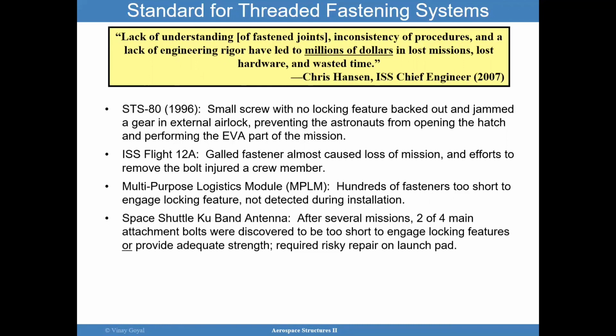ISS Flight 12A also had almost a loss of mission due to a bolt issue. We've also had issues with the space shuttle antenna, with bolt issues that had locking feature issues.